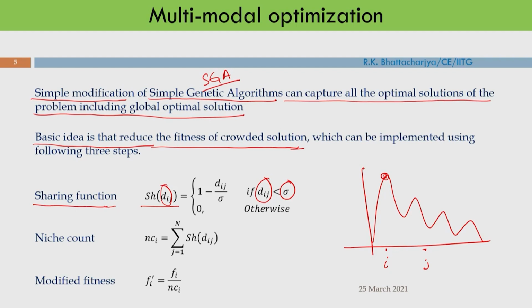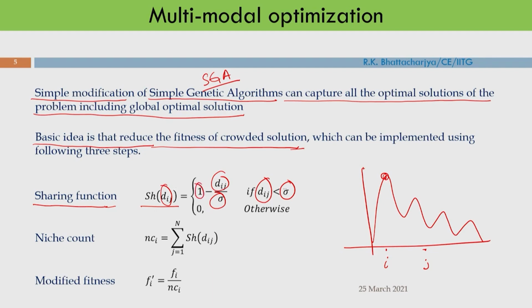In that case, I will calculate the sharing function value, which is equal to 1 minus Dij by sigma. Therefore, if Dij is 0, that means both solutions are at the same place, then this function value will be 1.